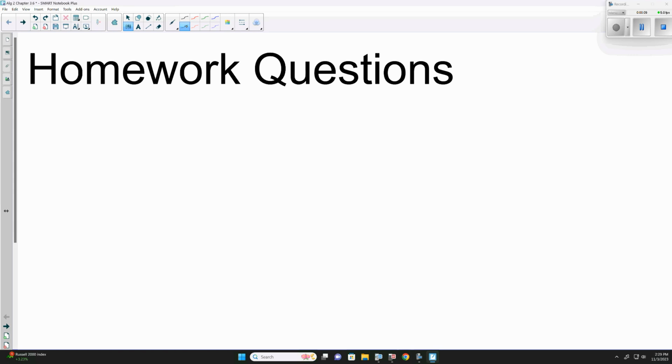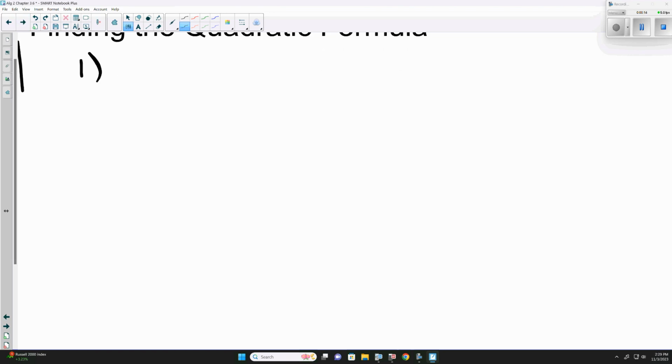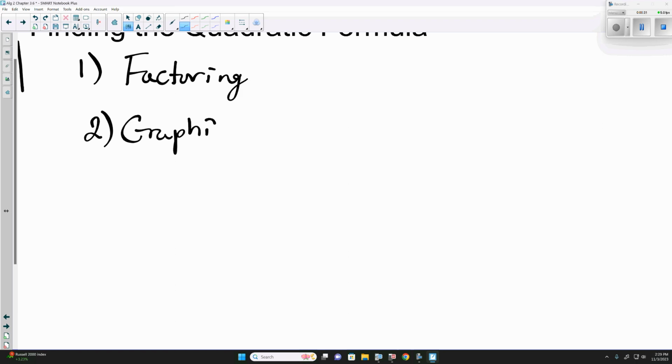So, up to this point, we've gone over several different ways to solve quadratics. First one we went over was factoring. When we multiply two things together equals 0, one of them must be 0, so set them equal to 0 and solve. The second method was graphing.